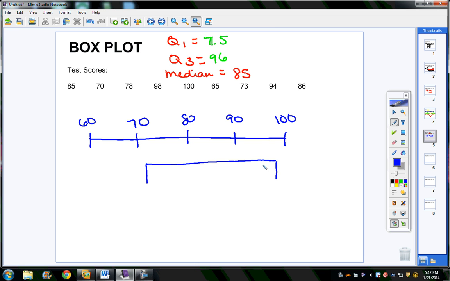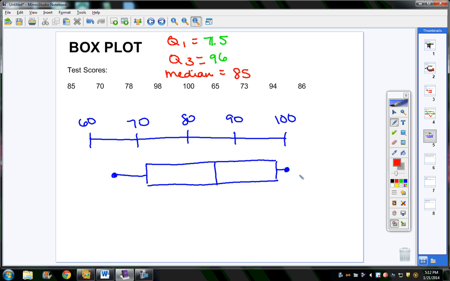And there's my box. And my median is 85, which is right here. My highest number is 100, so this is just going to come out a little bit. That's a whisker. And my lowest number is 65, which is going to come out to about right here. So there's my box and there's my whiskers.